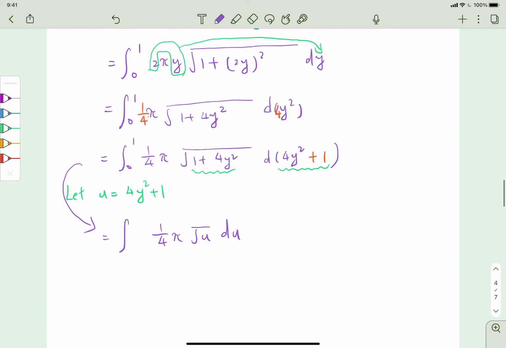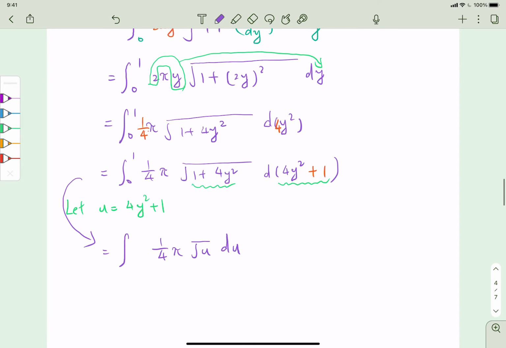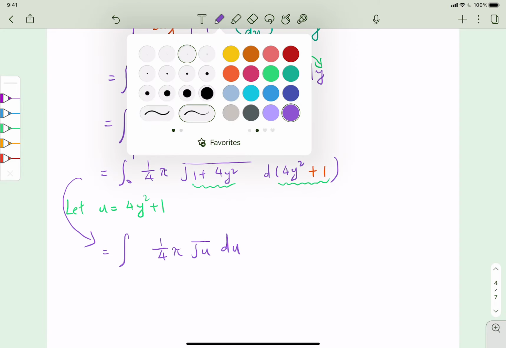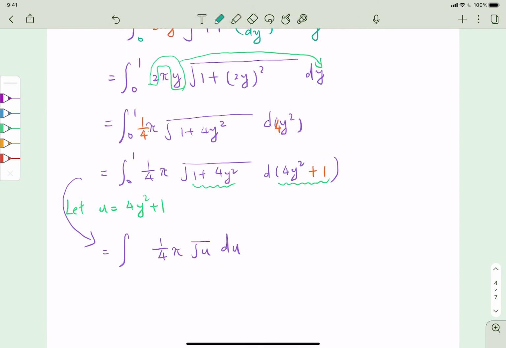And I need to use the corresponding bounds for u. When y is equal to 0, u is equal to 1. So the new lower bound here is 1. And for the upper bound, when y is equal to 1, we have u equal to 5. So the new bound here is 5.